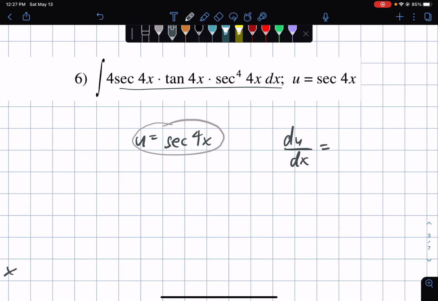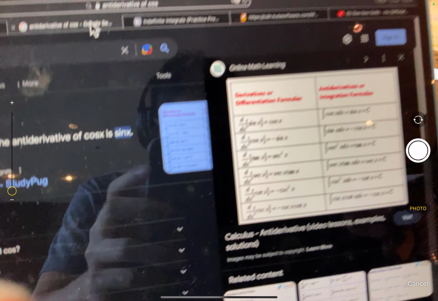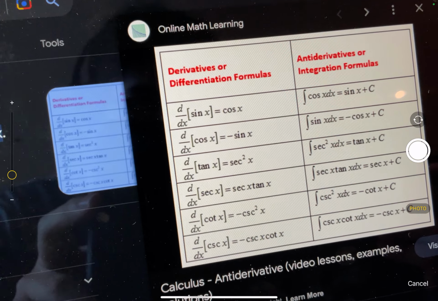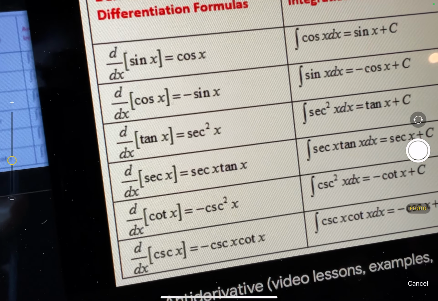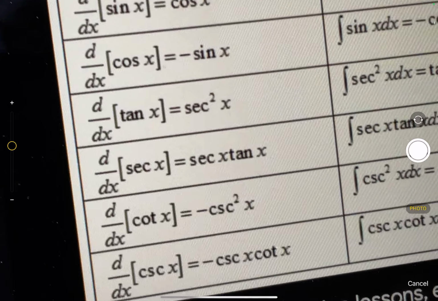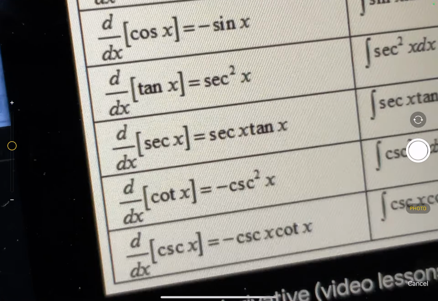du over dx. What's the derivative of secant 4x? Let me just make sure if I'm on the right track. Okay, it says here on Online Math Learning, for secant x, the derivative is sec x tan x.